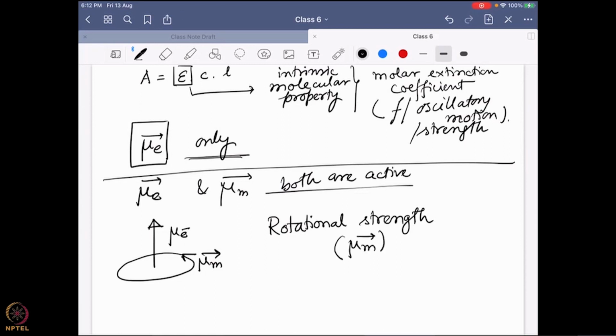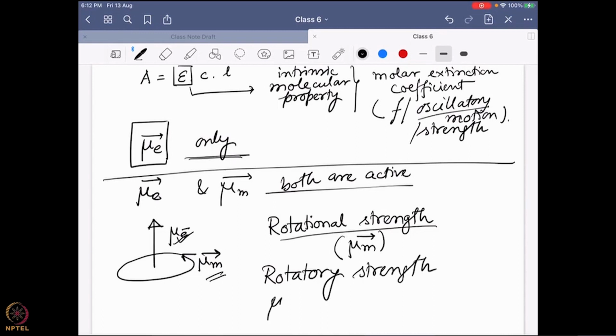The electrical dipole moment goes with the oscillation, the magnetic dipole moment goes with the rotation. So this rotatory strength will come in. And when we talk about both of them together, it will be a rotatory strength, which is a function of mu E and mu M together.